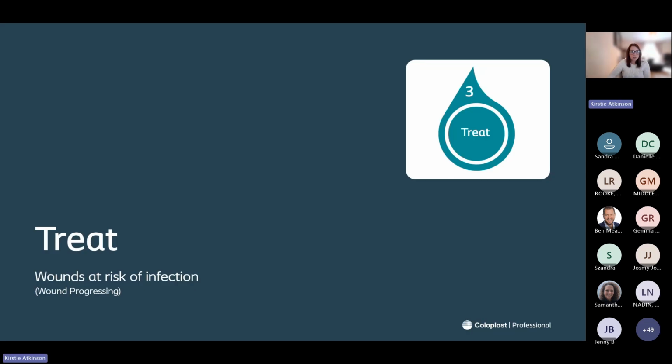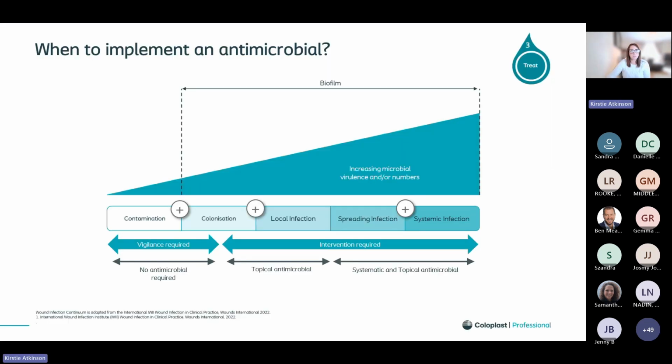When it comes to treating wounds that are at risk of infection, obviously it's when to implement an antimicrobial, and this is where sometimes it can be a little bit of a grey area, because you've got the colonization stage where you might start seeing signs of infection. So you really need to be clear. The wound needs to be at risk in order to implement it here.